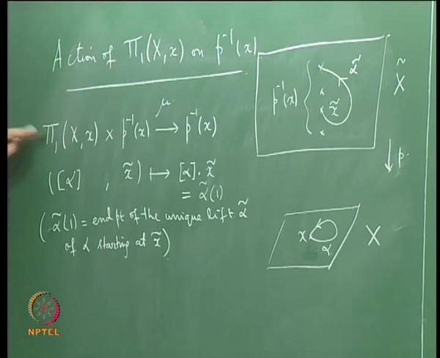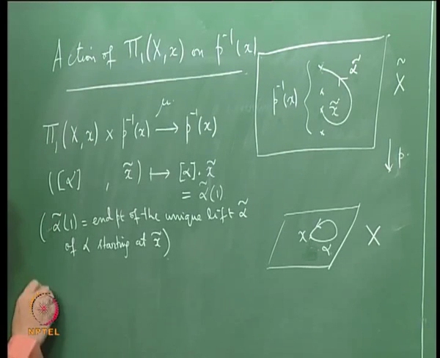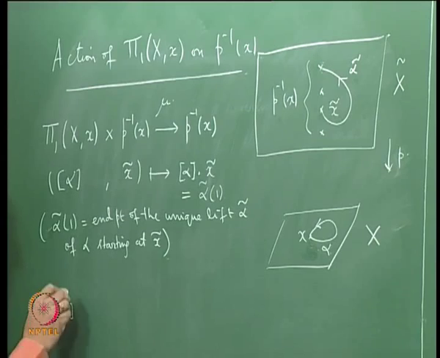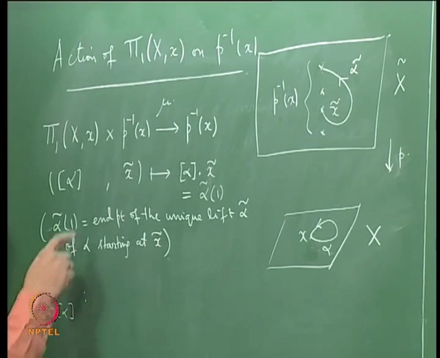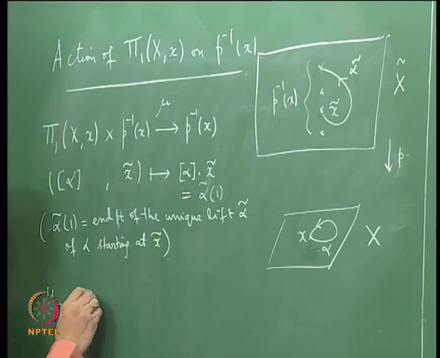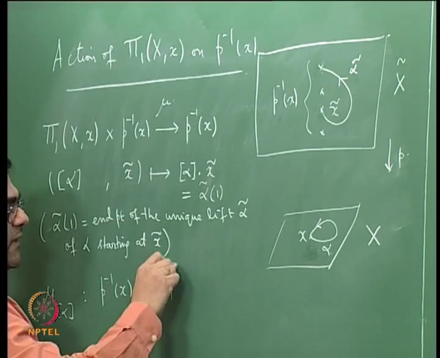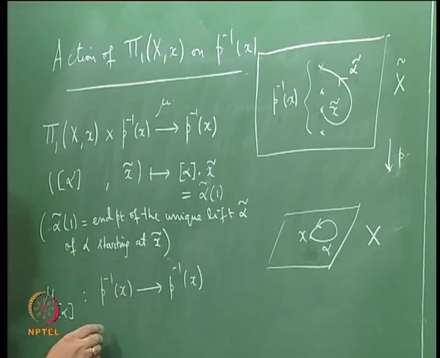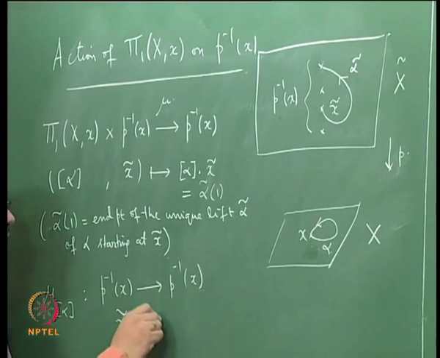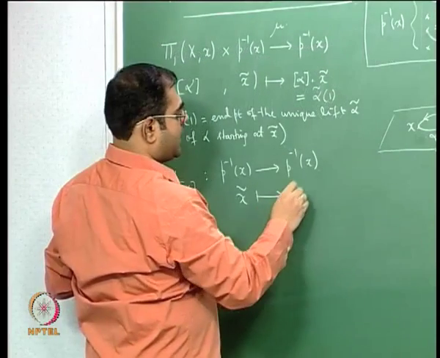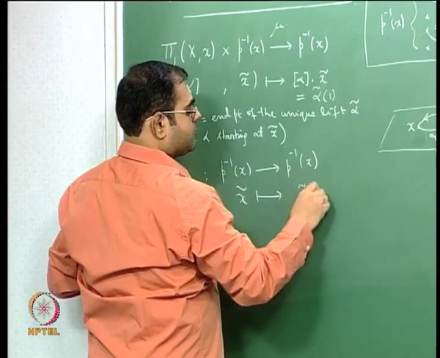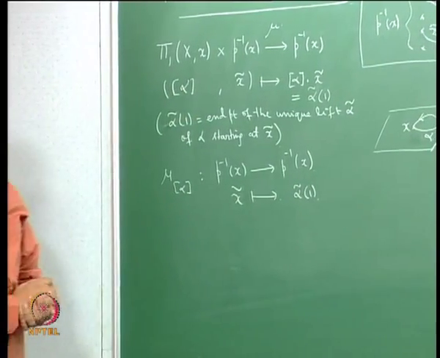Let me explain that. Let me take mu sub alpha. In that notation, mu sub alpha is the map from P inverse of x to P inverse of x, defined by sending x tilde to alpha tilde of 1.